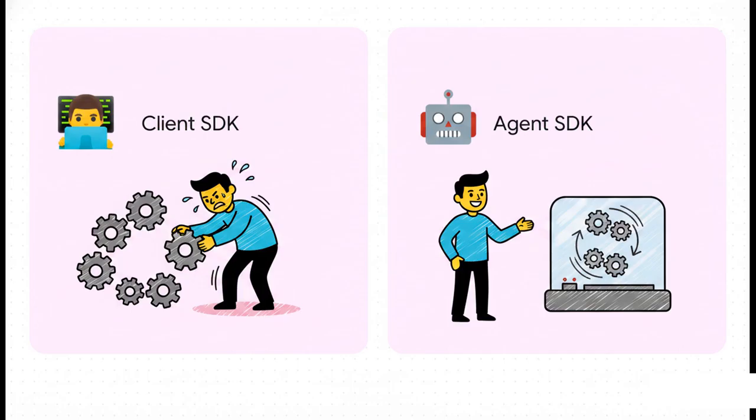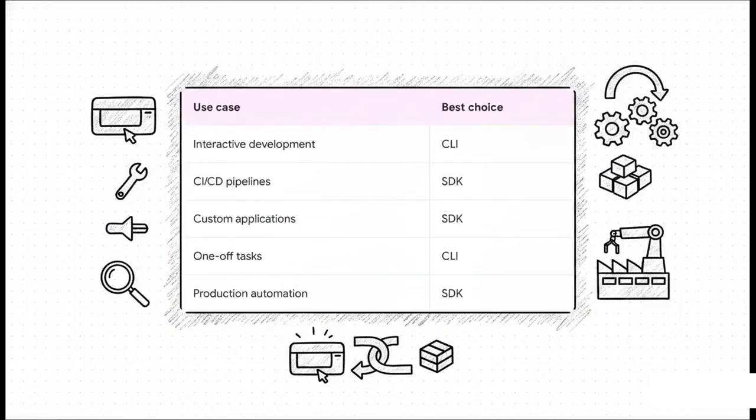If you want a pre-built, production-grade agent engine, you go with the Agent SDK. And that same logic applies to the command line tool. If you're just doing interactive, one-off tasks, the CLI is fantastic. But when you need to automate your CI/CD pipeline or build a whole custom app, the Agent SDK is what you want. A lot of developers end up using both because the workflows are designed to work together perfectly.